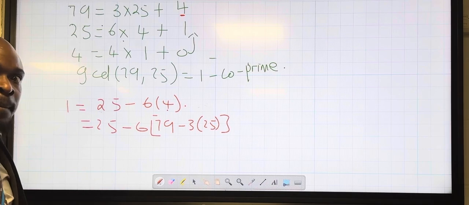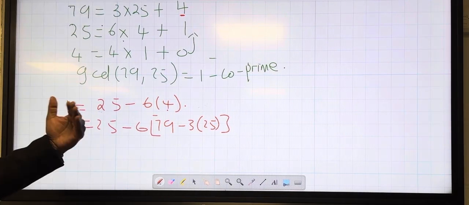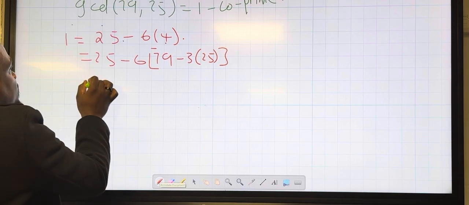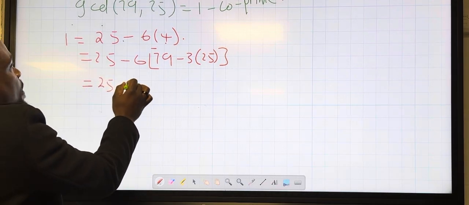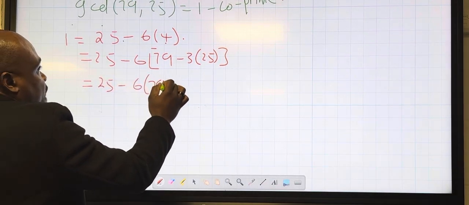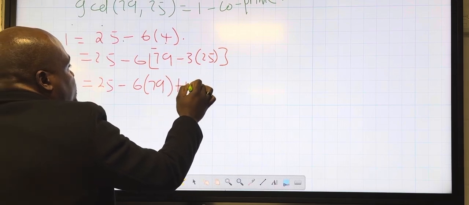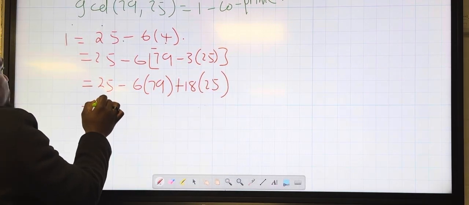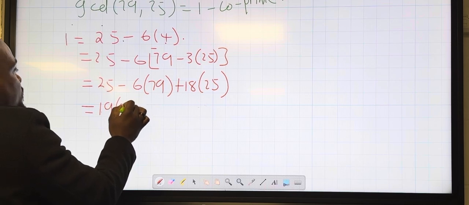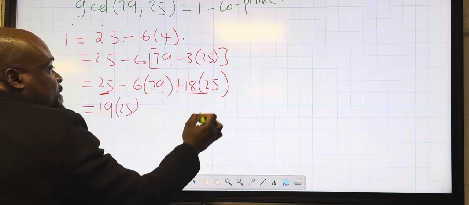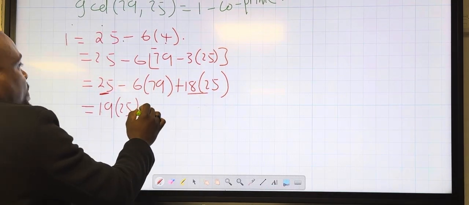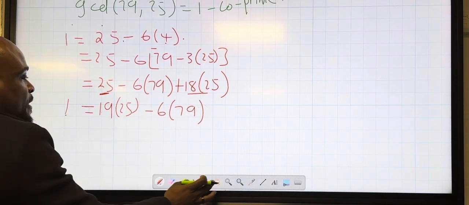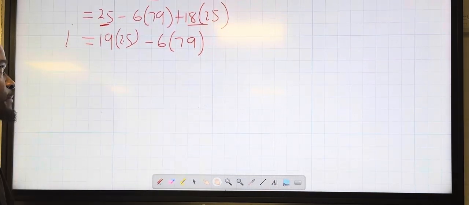That's the backward substitution of the Bezout algorithm. This gives us 25 minus 6 times (79 minus 3 times 25), which is 25 minus 6 times 79 plus 18 times 25. Combining the 25s, we get 19 times 25 minus 6 times 79. So we can express 1 like this in this case.